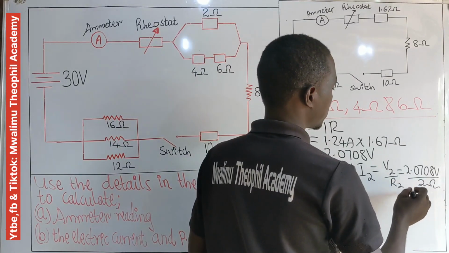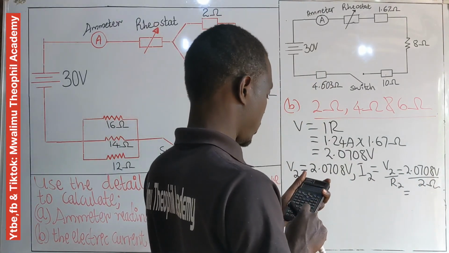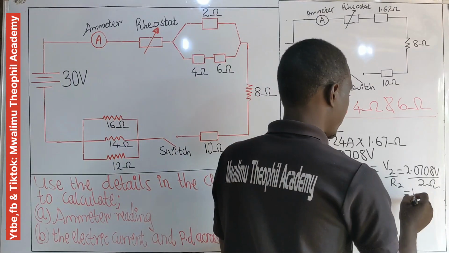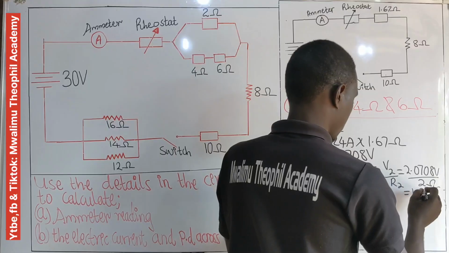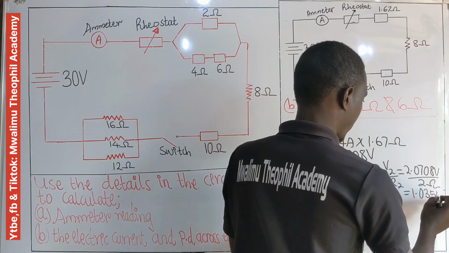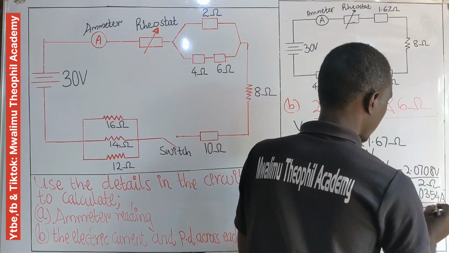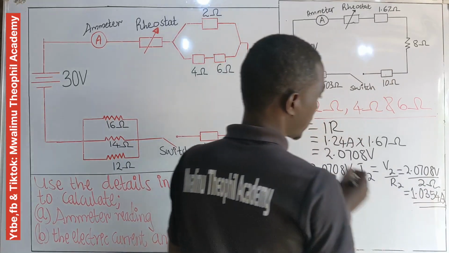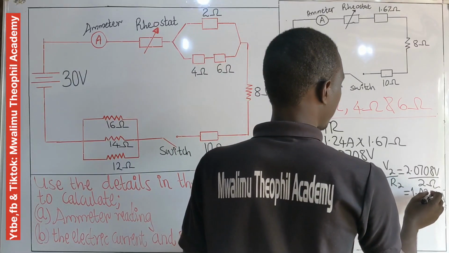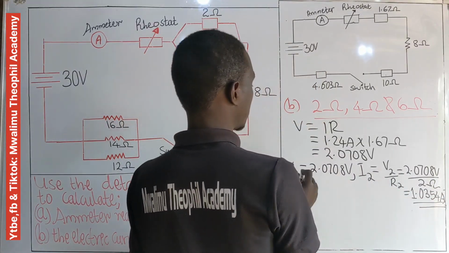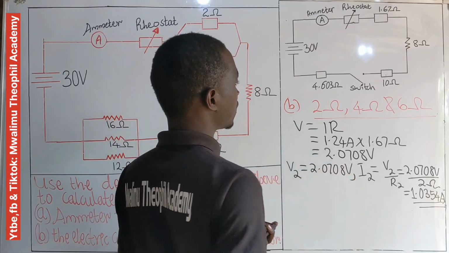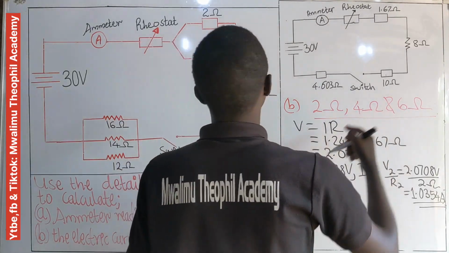Now this one divided by 2, we get 1.0354 ampere. Now the current in the 2 ohm resistor is 1.0354 ampere, while its potential difference is 2.0708 volts.